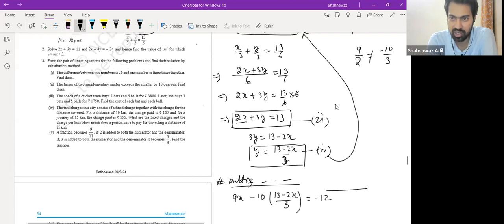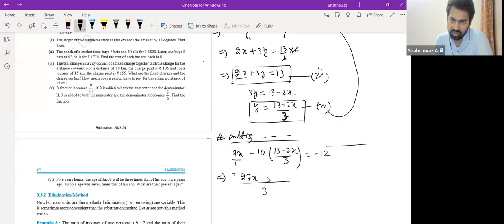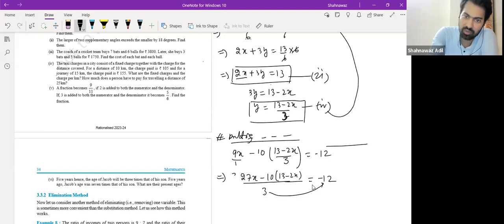Then this would give us how much? We take the LCM, which is 3 because this is 1. So 3 divided by 1 is 3, and then 27x minus 10 into 13 minus 2x, and minus 12. So this 3 multiplies with minus 12, right?